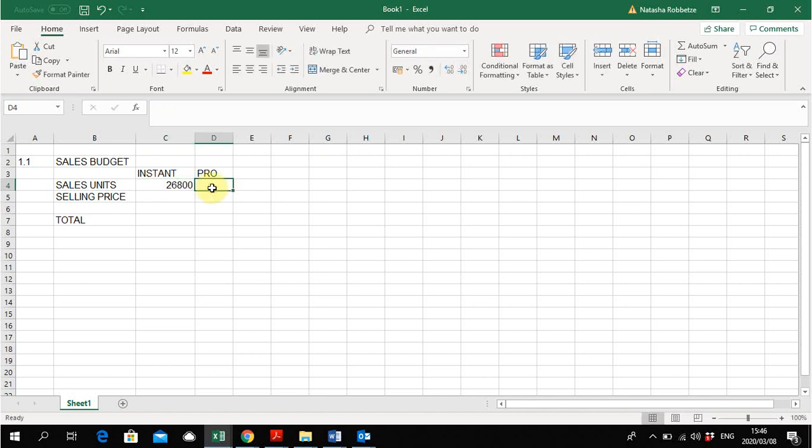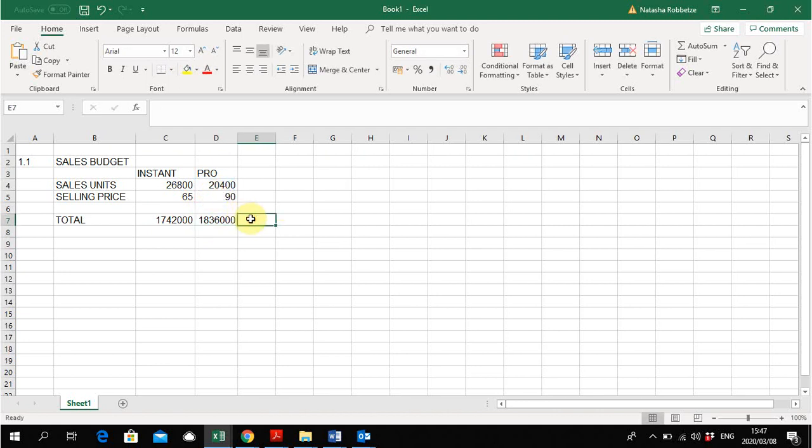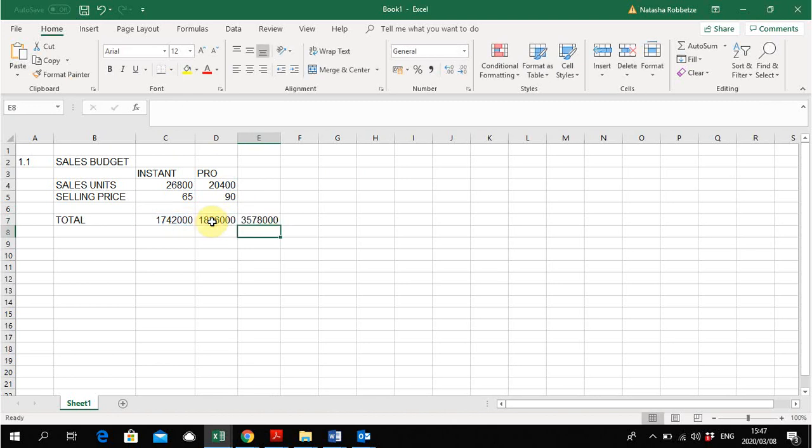Of the Pro, we require 20,400 units. The respective selling prices is 65 Rand for Instant, and it is 90 Rand for the Pro. And then I simply need to multiply those two figures. And I'm also just getting to a total in case there is half a mark for the total.